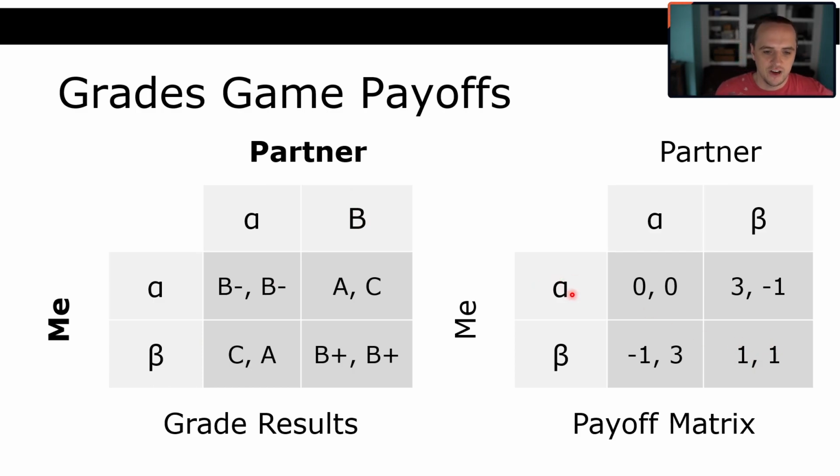But if I choose alpha and you choose beta, I'm going to get this A, which is better than a B plus, right? So I'm going to get a 3. However, down here where I choose beta and you choose alpha, I'm going to have a -1 payoff, because I'm going to get a C and I don't want a C, right? And similarly, the other person is going to get a -1 up here, because that's where they got the C. So we're just taking the grade results and translating them into a payoff matrix.